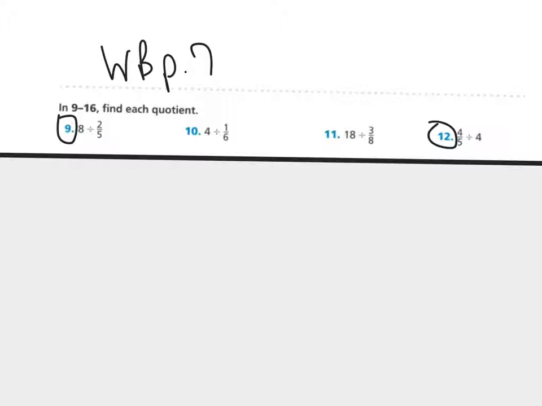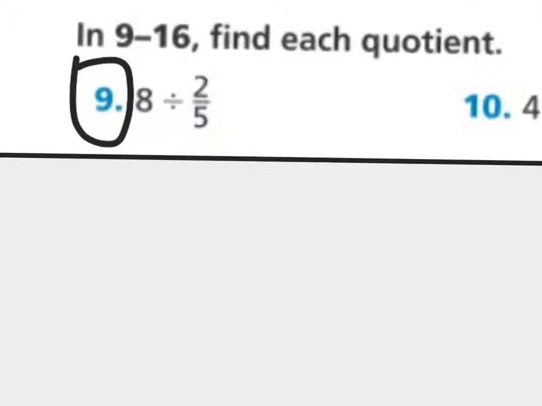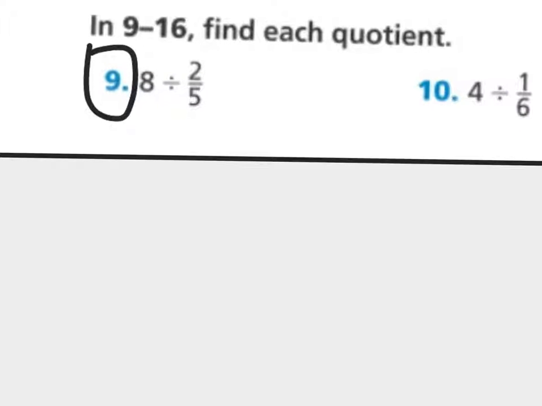So number 9, they want us to find each quotient. So this problem, we're looking at 8 divided by 2/5. So to start with, probably we'll want to put that as 8 over 1. And then we're going to change this into a multiplication problem. So if we keep, change, reciprocal, we'll have 8 over 1 times 5 over 2.